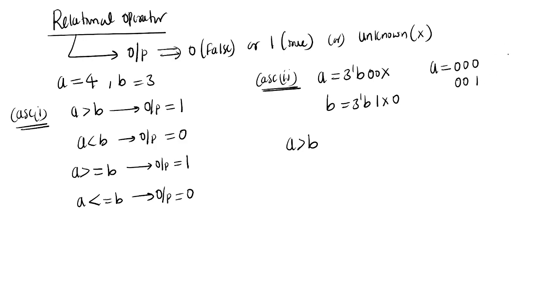And B equal to 1 0 0, 1 0 1, 1 1 0. So that means in the relational operator, if anything is don't care, the output you will get is x only. So that is the relational operator.